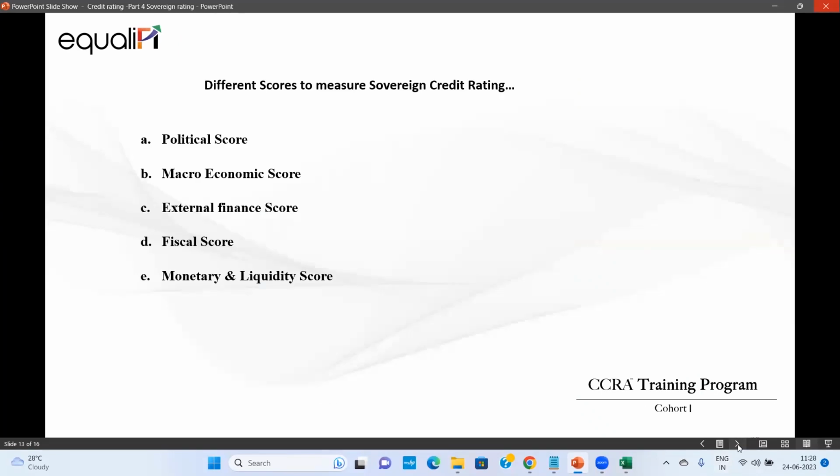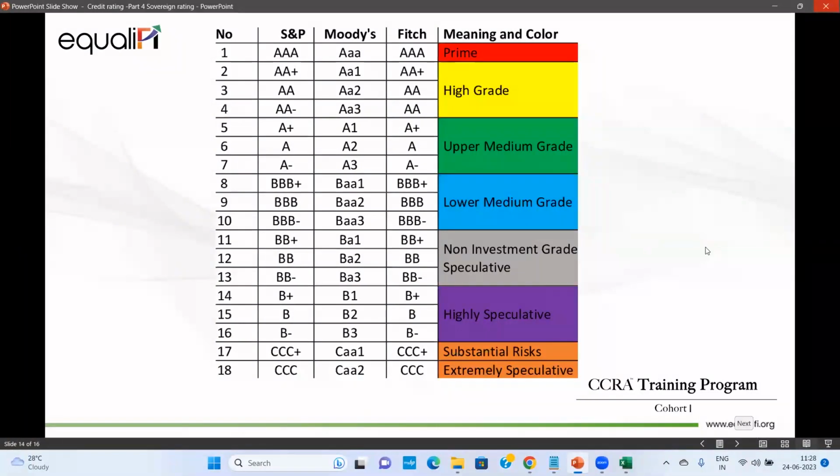Different scores to measure sovereign credit rating: political score, macroeconomic score, external finance score, fiscal scores. Anyway, you are going to get the PPTs. So these are the typical rating scales applicable for countries for different rating agencies.